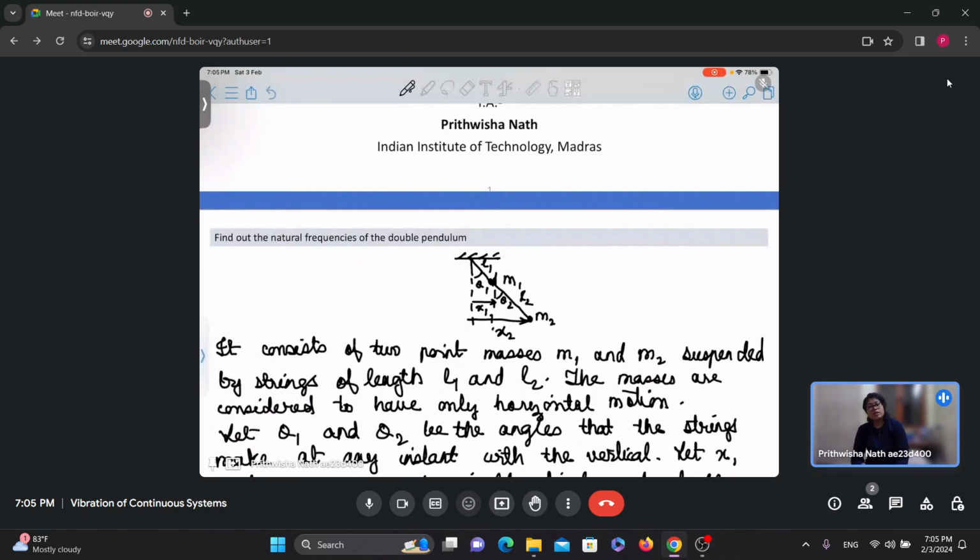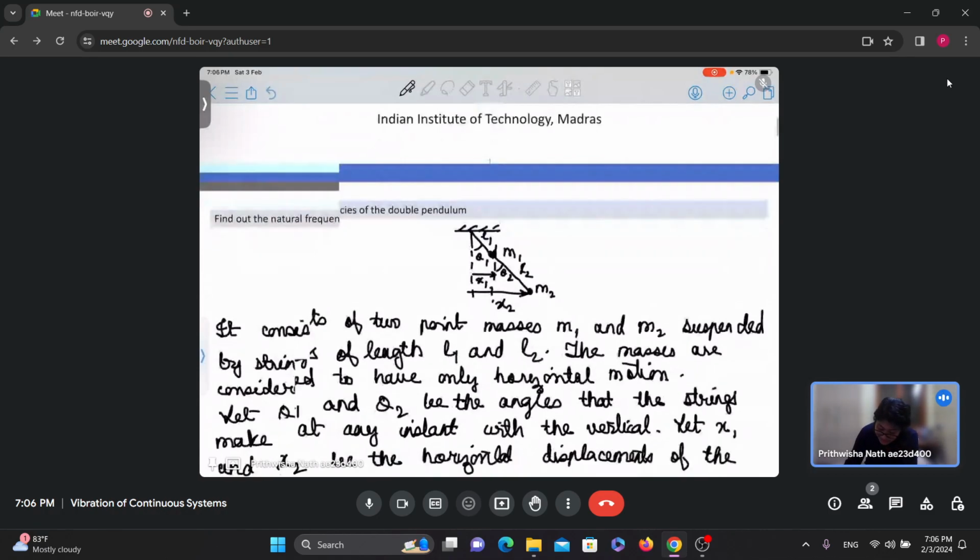These masses were considered to have motion only in the horizontal direction, and there was no motion in the vertical direction. θ1 and θ2 were the angles made by the strings with the vertical, and x1 and x2 were the horizontal displacements of the masses.